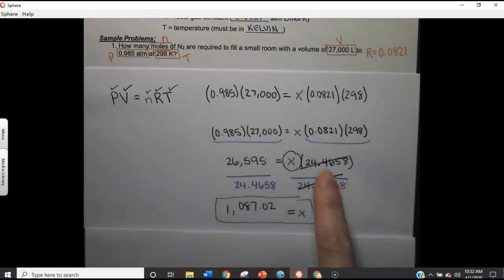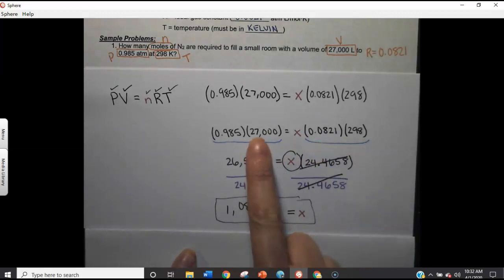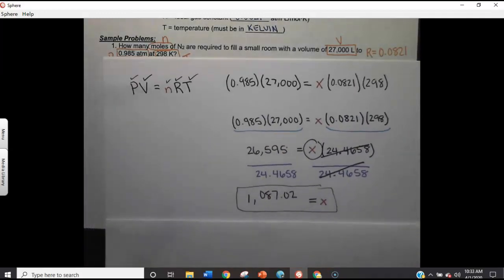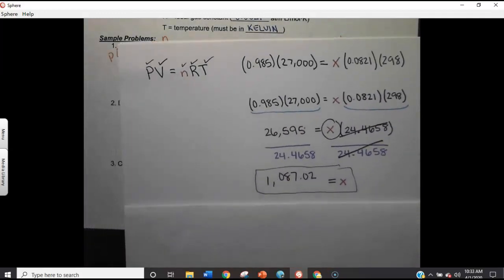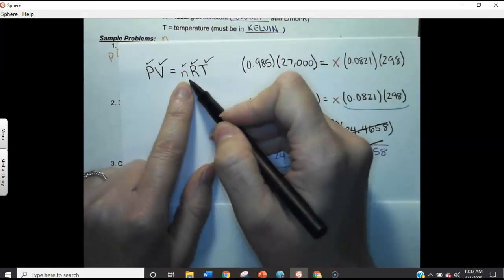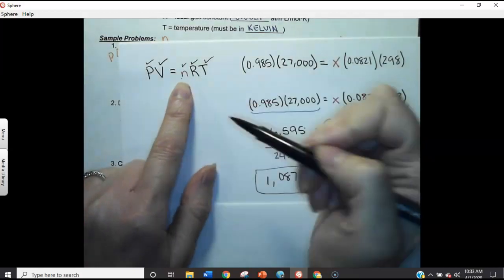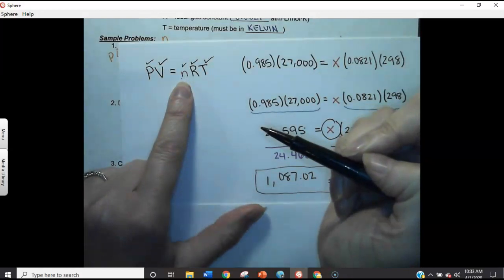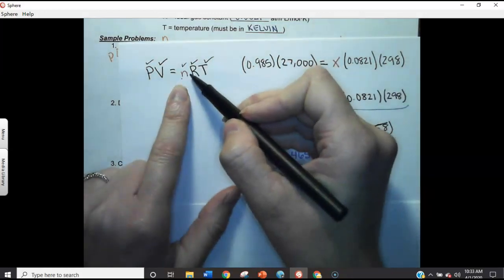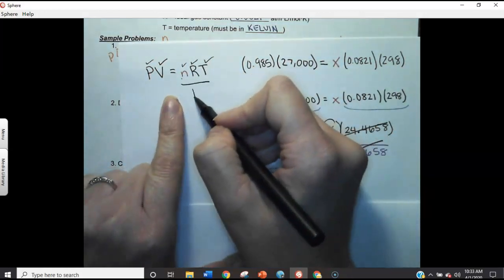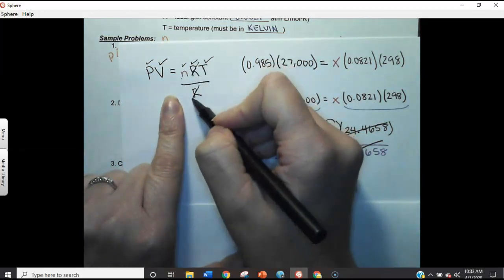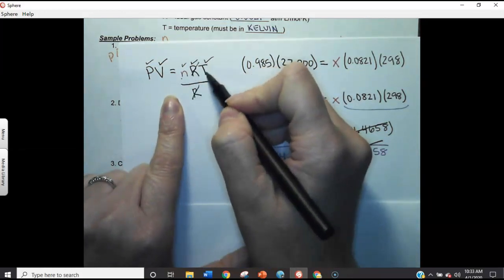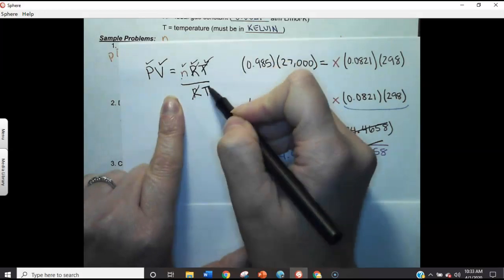Now, I don't like doing algebra with numbers. This looks messy to me, okay? I like doing my algebra before I plug in anything, and I'll show you what that looks like. Some of you might like this, some of you might not. It's up to you, okay? So if I know I want n by itself, then I'm going to just get n by itself before I substitute in numbers. So right now I have n times r, so I'd say divided by r would get rid of it. N times t, so divided by t would get rid of it.